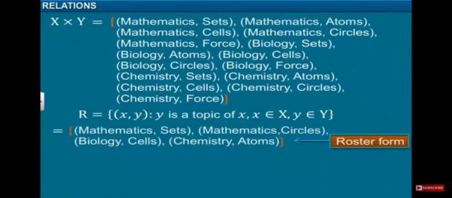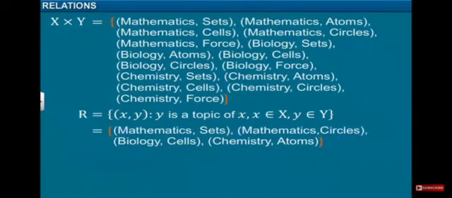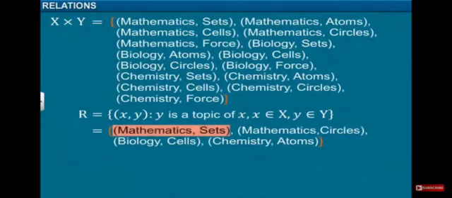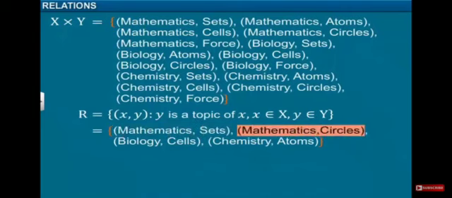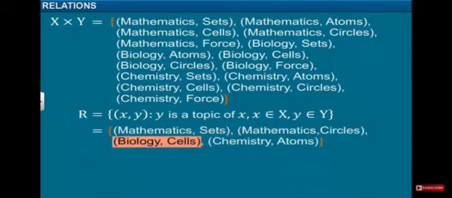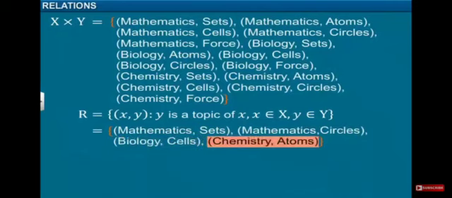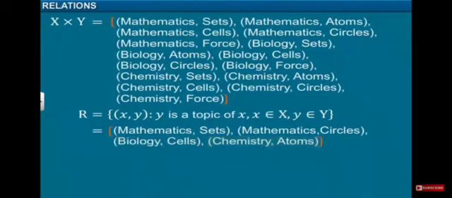So if x is mathematics then your answer is sets and circle. If x is biology then your answer is cell, and if x is chemistry then your answer is atom. So sets is a topic of mathematics, circle is a topic of mathematics, right? Cell is a topic of biology and atom is a topic of chemistry. So these four ordered pairs are defined from X cross Y.